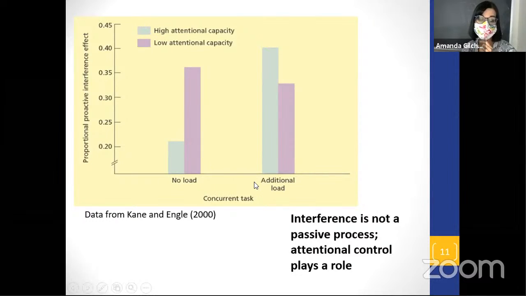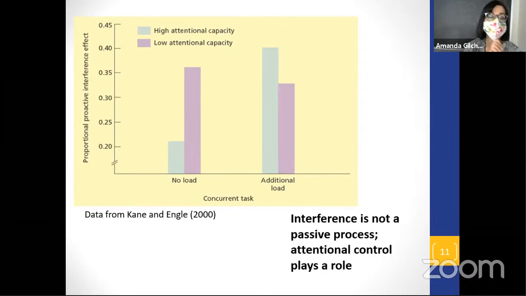So they were having to do a concurrent task. So they either had to do just the memory task or the memory task plus an attentionally demanding task. And then we break up this data by looking at people with either high or low attentional capacity. Because this is Randy Engle's research, that's probably based on O-span, operation span performance, because that's his span task.